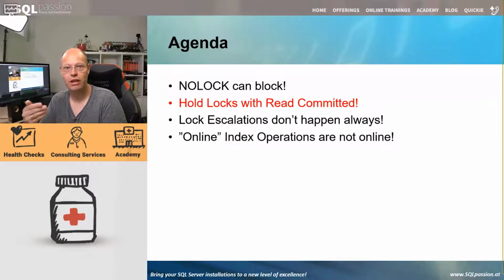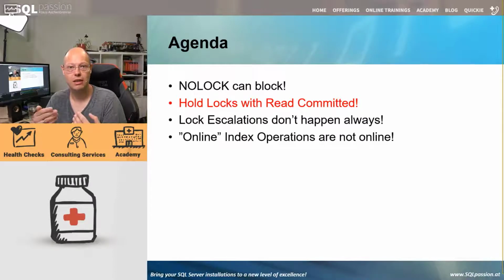Therefore, you have in read committed no so-called read stability. When you're reading the same row over and over again in your transaction, that row can change, because you are releasing that shared lock as soon as you have read that row once in your transaction. If you want to have a so-called read stability, you can use the isolation level repeatable read.